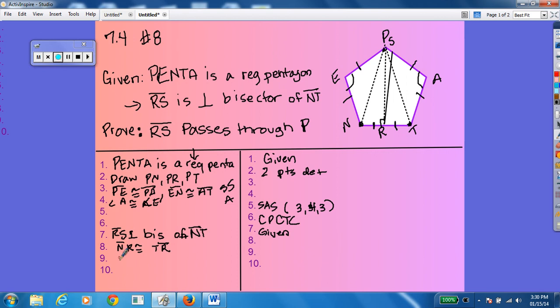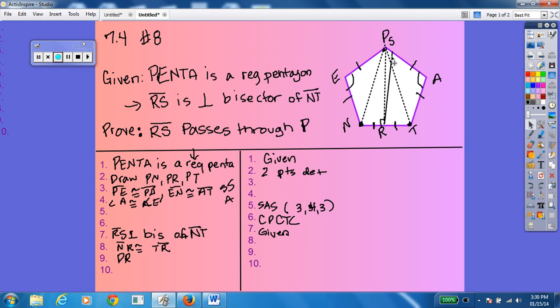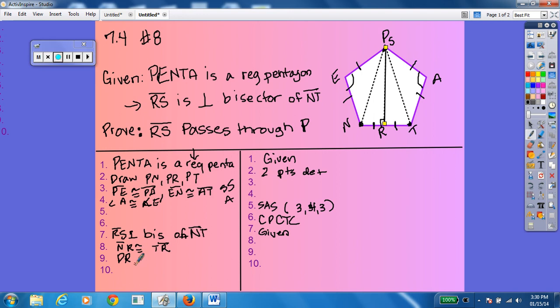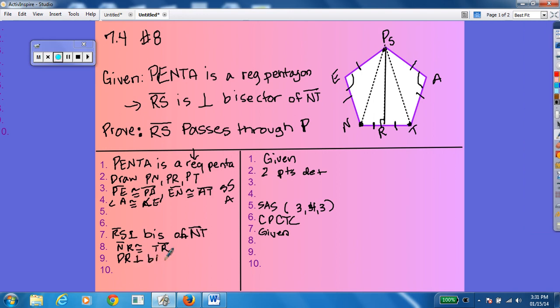And what you get to say now is that PR, which is this line, PR becomes PS. Because our RS, I'm sorry, they become the same line at that point. Move it over. We've proven it. So PR is now the perpendicular bisector of NT.